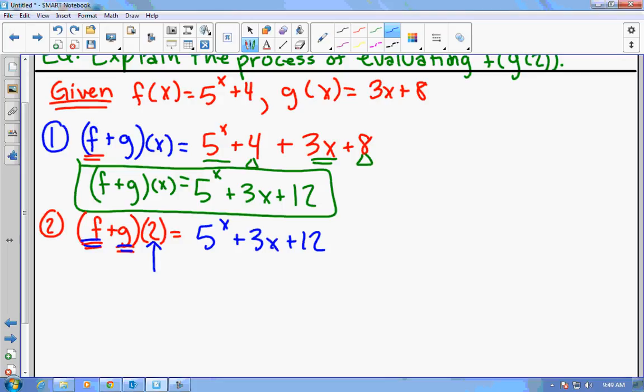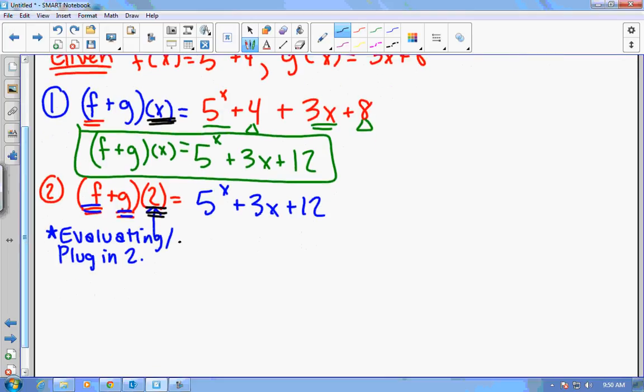The 2 goes into it, good. So we're evaluating at 2. When you see that 2, you're evaluating, which means you plug in the 2 wherever there's an x. X used to be here, and in place of x, we've now put 2.